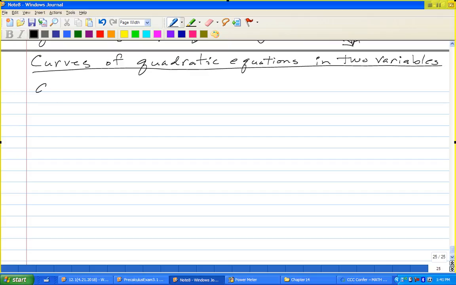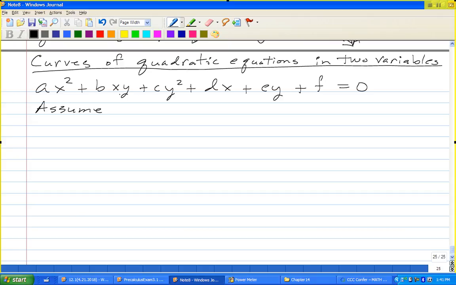So suppose I have ax squared plus bxy plus cy squared plus dx plus ey plus f equaling 0. Okay, so let's assume that we have non-degenerate solutions.